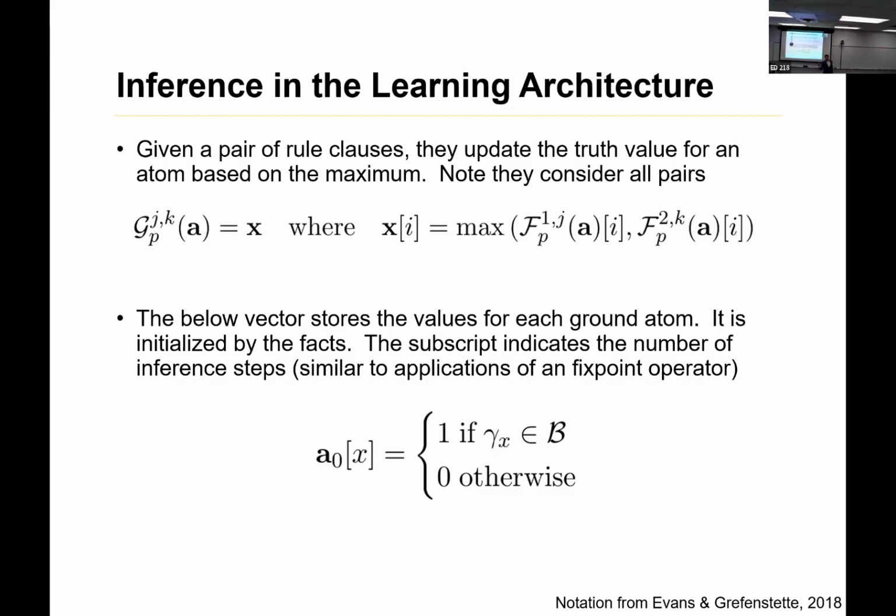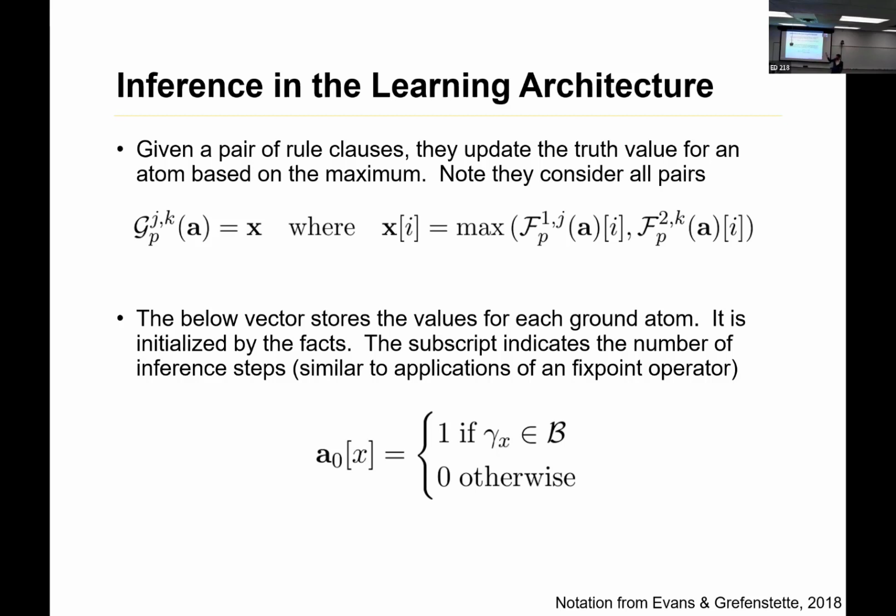what one step of the inference process will conclude. So you can think of this G, J, K of P as applying the fixed point operator for rules J and K together on A, and it gives you vector representation X. Note that X is only going to have non-zero values for things concluded by those rules. It's going to have 0 for everything else.